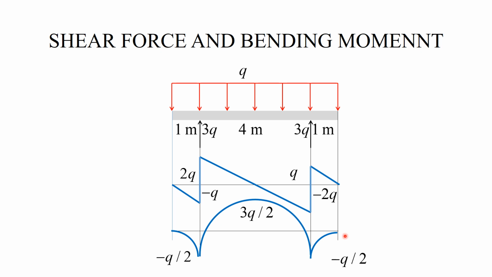Let me mention that the units on these diagrams are consistent with the notion that Q is measured in newtons per meter, so that the shear forces are measured in newtons and the bending moments are measured in newton-meters.